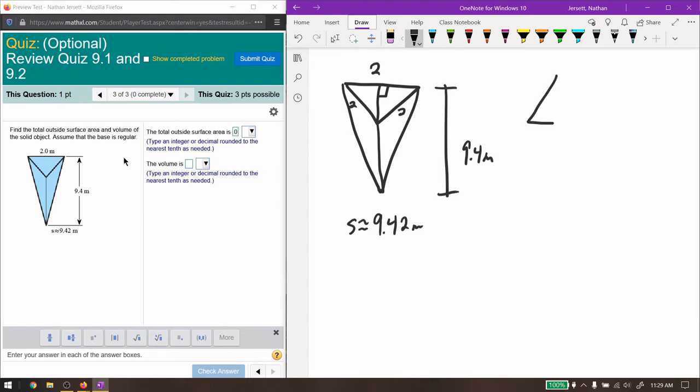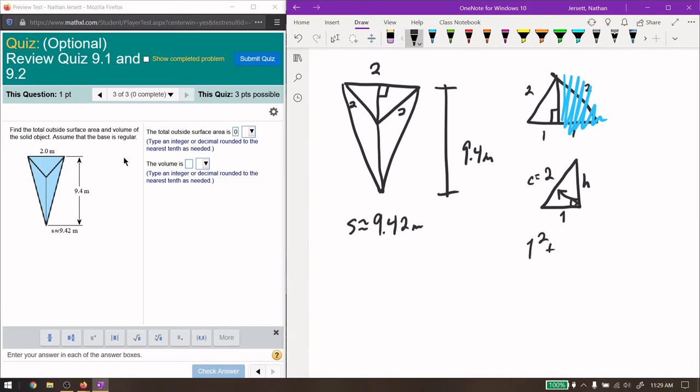Okay, let me redraw a triangle here as 2, 2, and 2. We need to know what this is here. This is the height. Well, that cuts the bottom part exactly in half, into 1 and 1. And we can ignore this half and look only at this left half, which is a right triangle. This is the height, and using the Pythagorean theorem, that's going to be c.